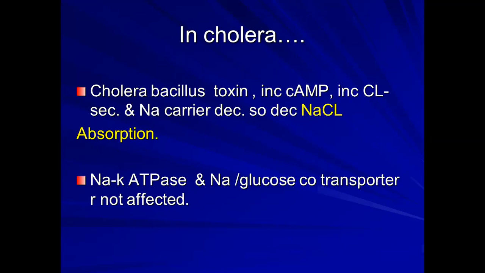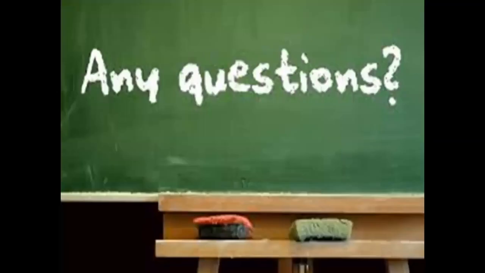And this was the base of the manufacturing of what's called the oral rehydration fluid. Oral rehydration fluid is a type of fluid which contains the glucose and the sodium and the chloride, and it is manufactured to give to the patient who is complaining of diarrhea for fluid replacement.